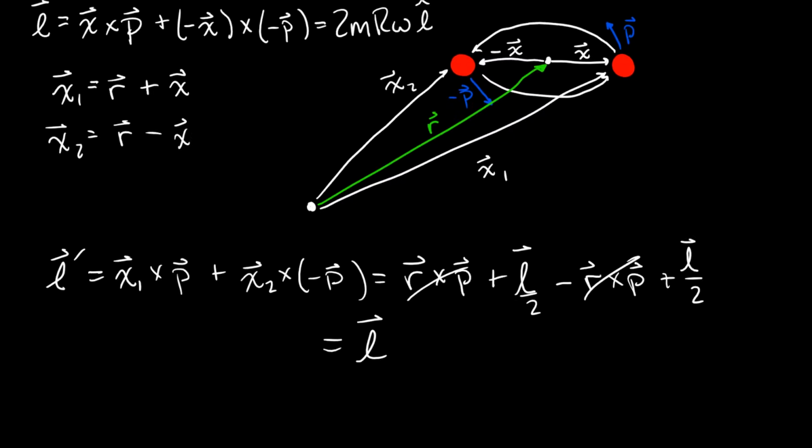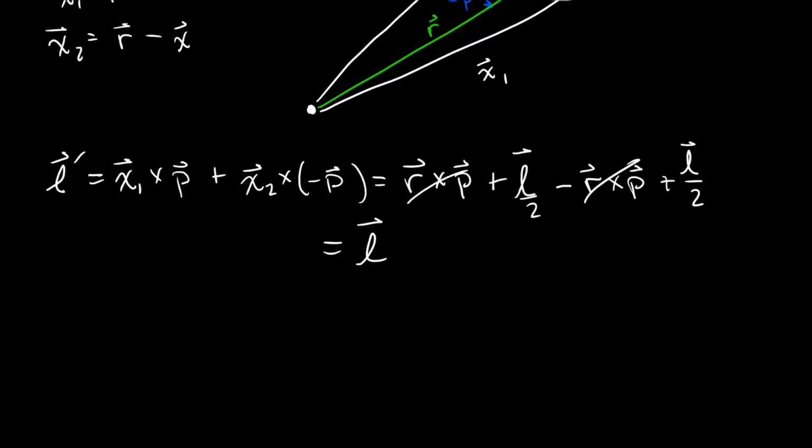Now, this will be really helpful if we consider, say, a solid disk, which is uniform, and it's rotating. Well, I'm always going to have two pieces of this opposite the center.